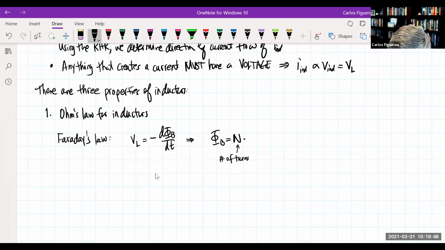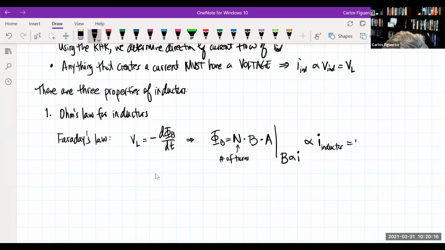It depends on the magnetic field. And of course, it depends on the area. But in order to produce a magnetic field, it has to be proportional to a current. So this whole thing must be proportional to the inductor current.